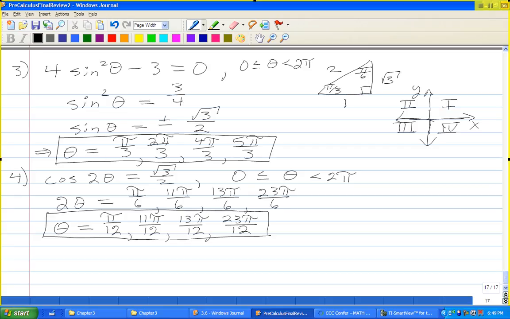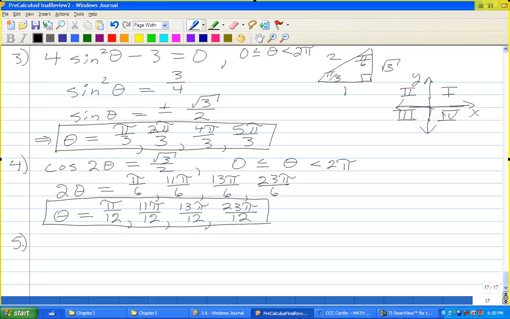Okay. Problem number 5. Given the following equation, cosine theta equals root 3 over 2.